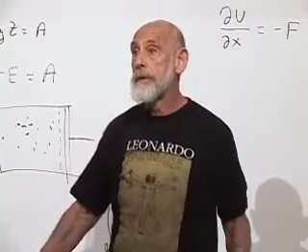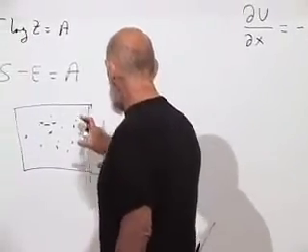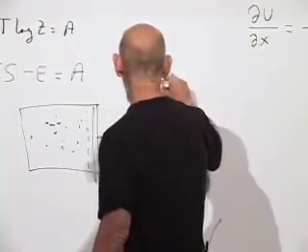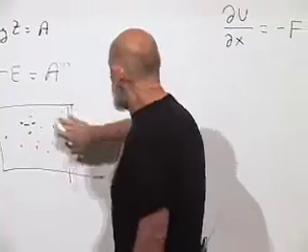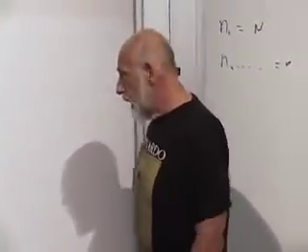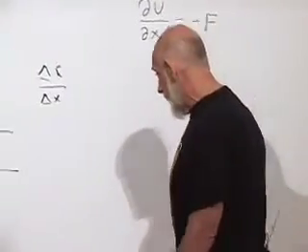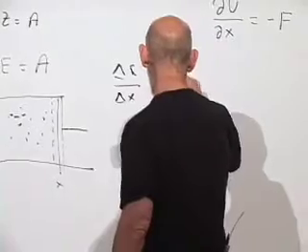Is that clear? All right, so that's a definition. The change in energy, we call it delta E, divided by delta x, where x could be the position of the piston, x. That's the force on the piston.